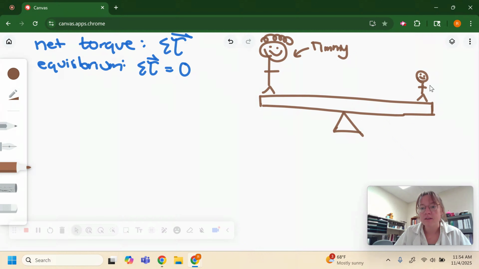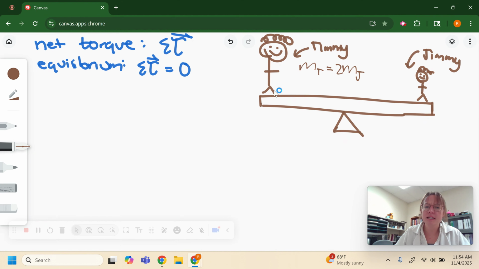You can tell that Timmy is quite a bit older than Jimmy. In fact, at this point in their little lives, Timmy happens to have twice the mass of Jimmy. So we know already that the mass of Timmy is 2 times the mass of Jimmy.